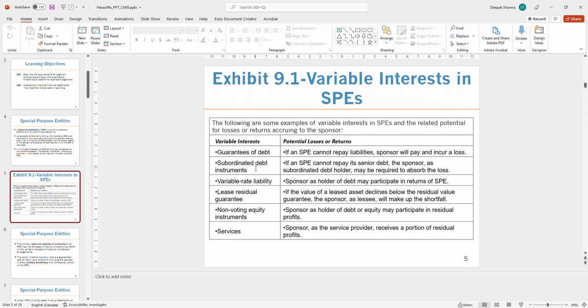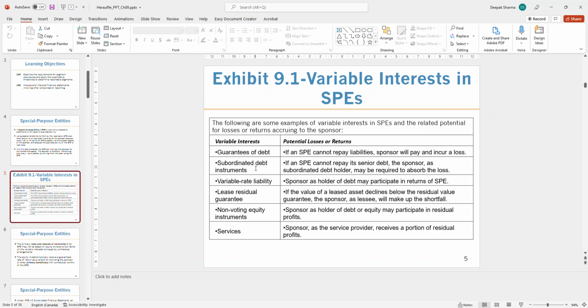Non-voting equity. Sponsors as holders of equity may participate in the residual profit. So you can issue preferred shares if the company doesn't want to give up their equity. In that case, you may want to give some kind of non-converting equity instruments to the other companies, and the SPE will still hold the voting shares, but it will still get preferred share equity invested.